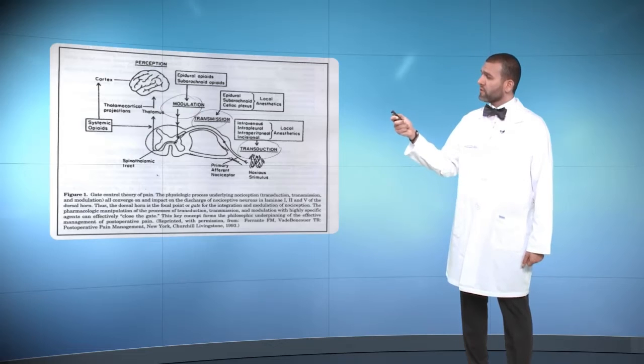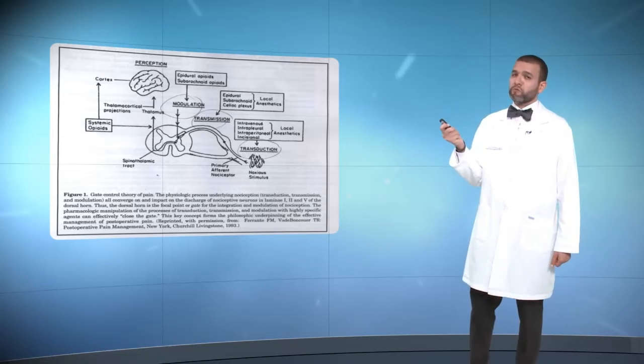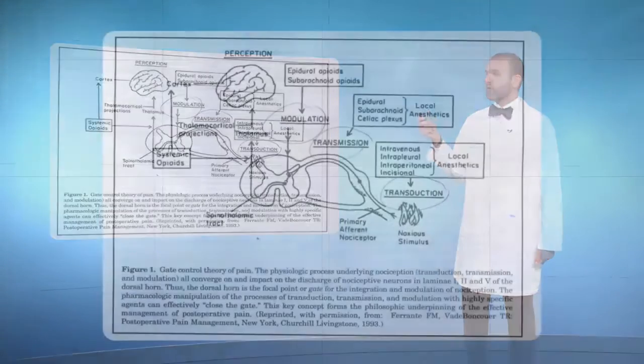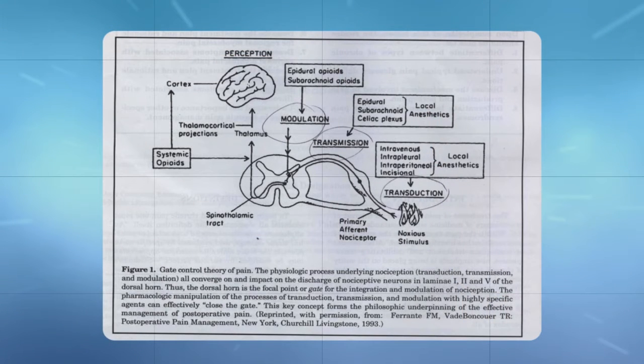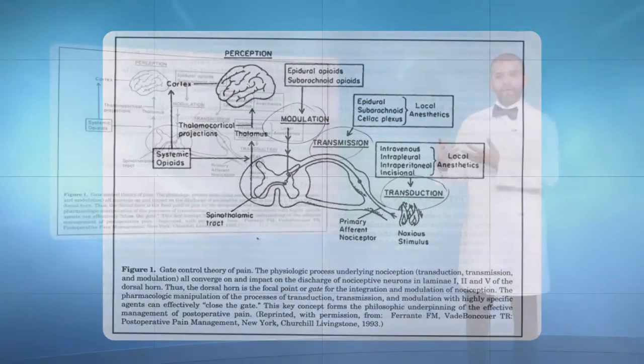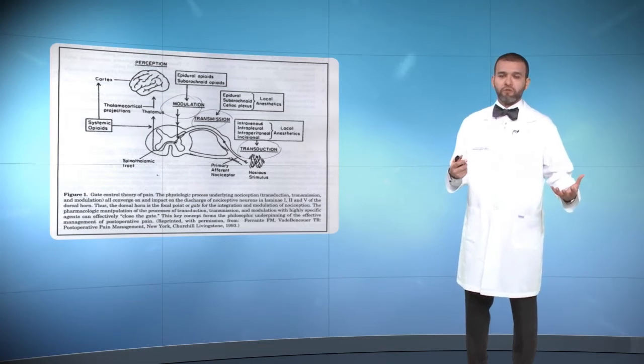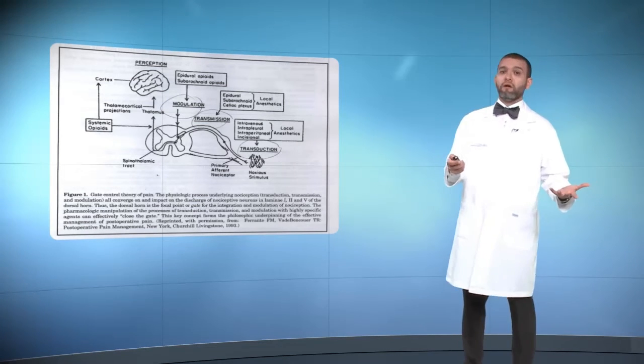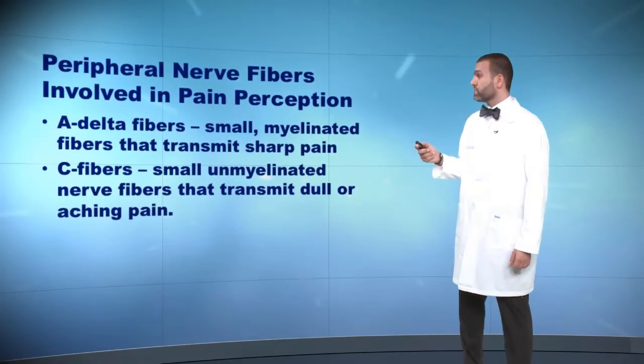So at this part in the spinal cord, you've got the modulation part, where the gate theory happens, in which what we think you can, for example, relieve a chronic neuropathic pain by stimulating different receptors at the spinal cord to what we call trick the brain to have the perception of this pleasant sensation, as opposed to the bad severe neuropathic pain.